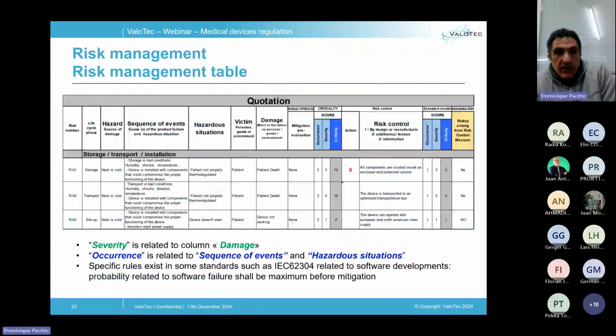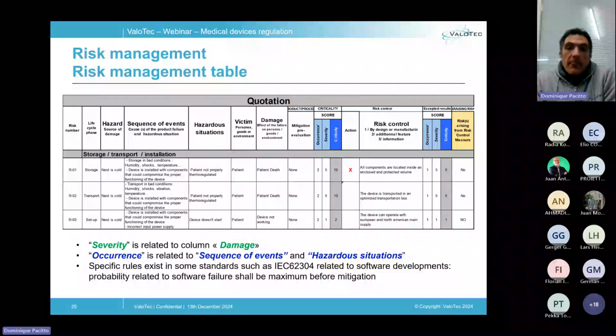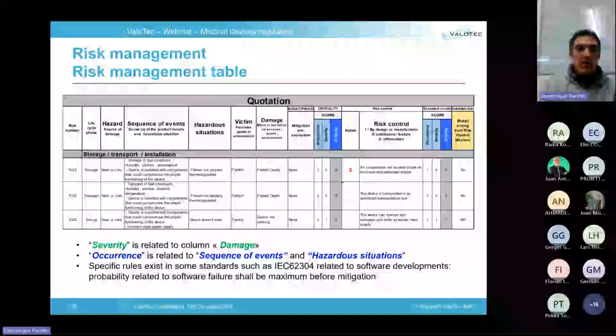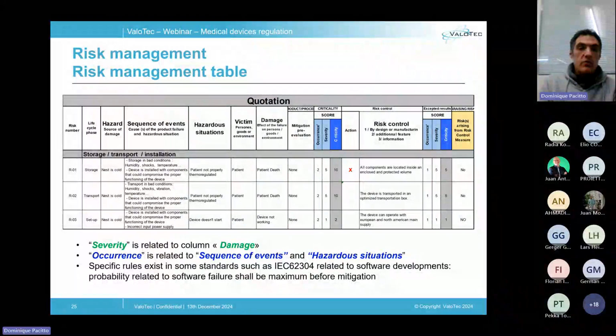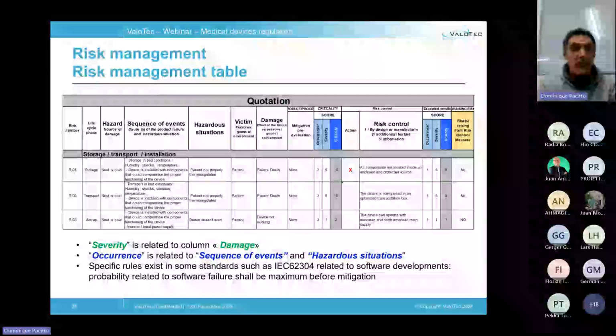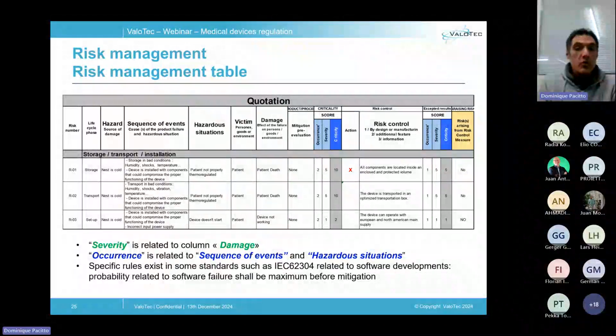This table here is a typical risk management table you can meet with a small variation in plenty of projects. This table, we are going to detail, summarizes all the notions we discussed up to now. So in the first column, you have a risk number you can use for your traceability.